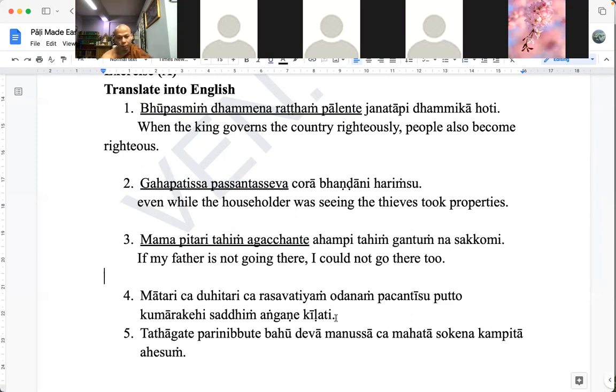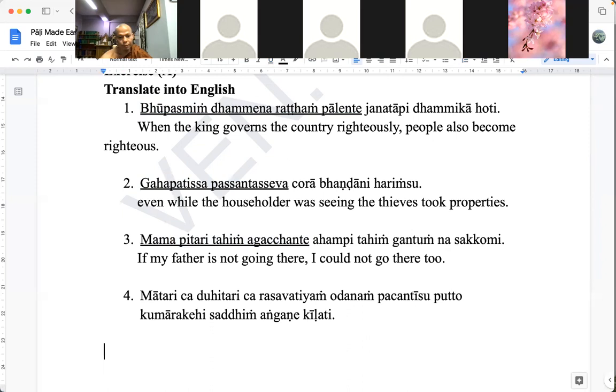Okay, now number 4. Madarija Duhitarija Rasa Wadiyan Ordana Bajandisu Bodo Kumarakehi Sade Ingane Kilati. Here Matari is in the locative case, Matar and the E. And the Duhitari also, Duhitar and the E, locative case.